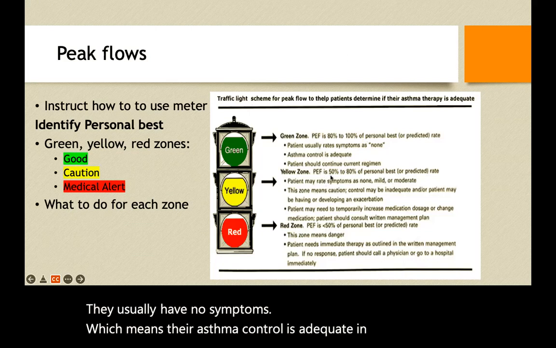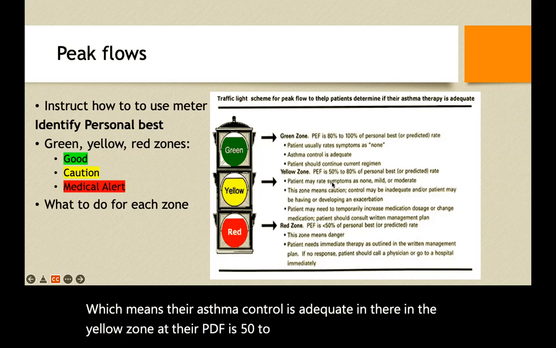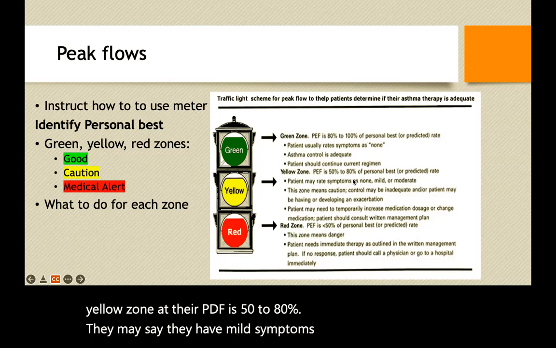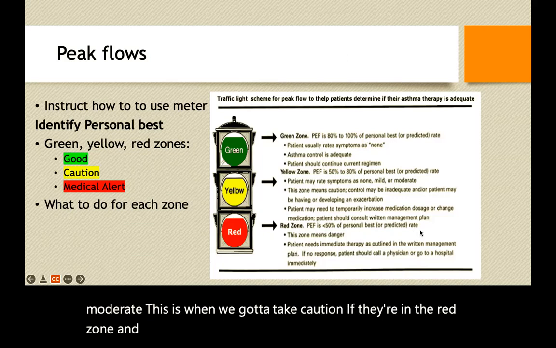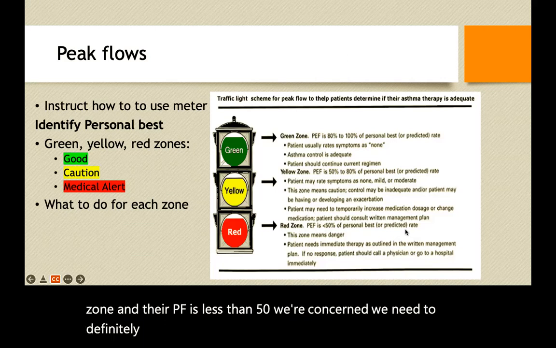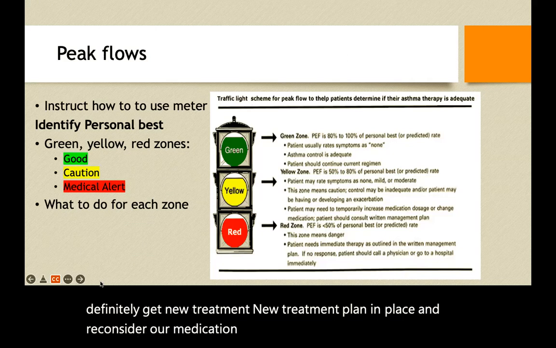And they're in the yellow zone if their PEF is 50 to 80%. They may say they have mild symptoms, no symptoms, maybe moderate. This is when we've got to take caution. If they're in the red zone and their PEF is less than 50%, we're concerned. We need to definitely get a new treatment plan in place and reconsider our medication options.